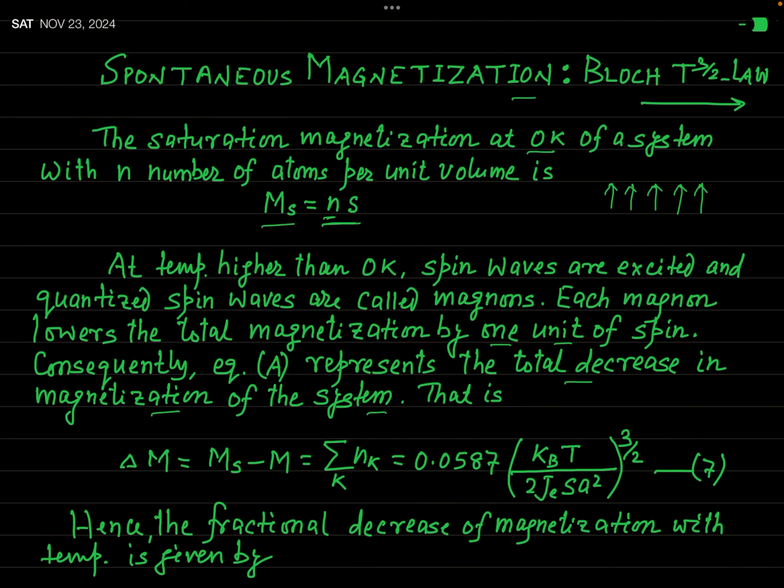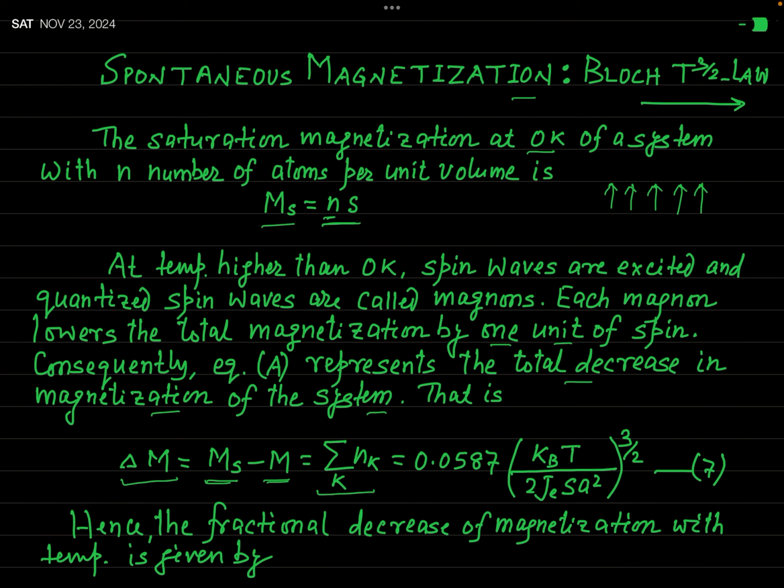If you consider that delta M is the total reduction in magnetization, then what will that be? Ms is the maximum magnetization at 0 Kelvin temperature, and at temperature T, when the spin waves get excited, we consider that the magnetization becomes M. So the reduction will be Ms minus M, which we have assumed to be delta M. But the total decrease in magnetization is equal to the total number of magnons in the excited state, which is the summation over k of n_k.